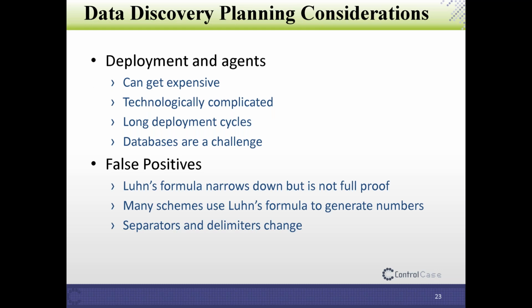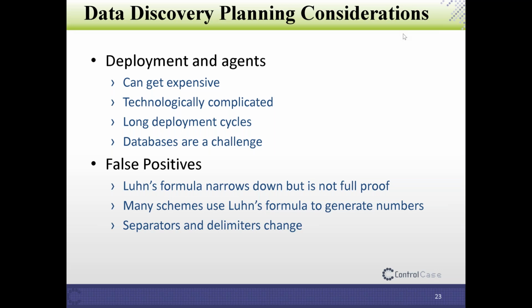Key things to look at when you do data discovery planning: number one, look at your architecture and decide whether you want an agent-based or an agent-less implementation. That's an important piece to look at as you go through it.